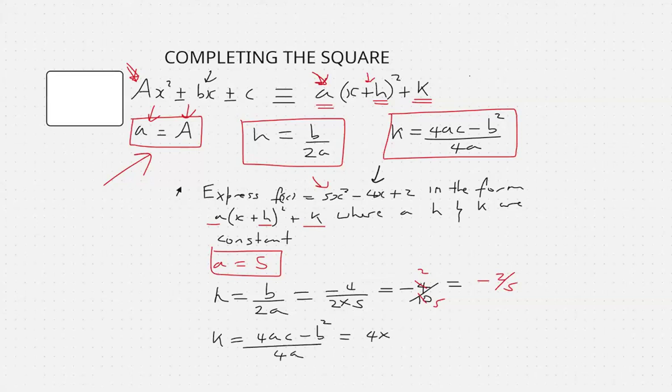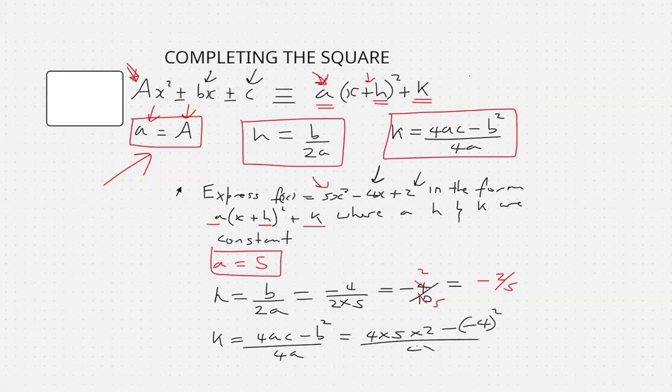Look at the C right here at the end. It's all by itself, so when you're looking at the equation, C is 2. So that's 4 times 2 minus B squared. We said B is negative 4, so that's negative 4 squared, all over 4 times A, and that's going to be 2.